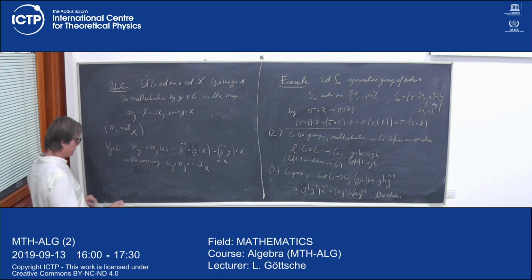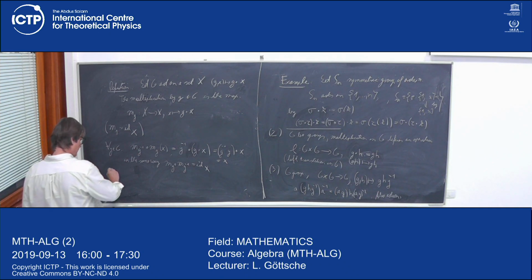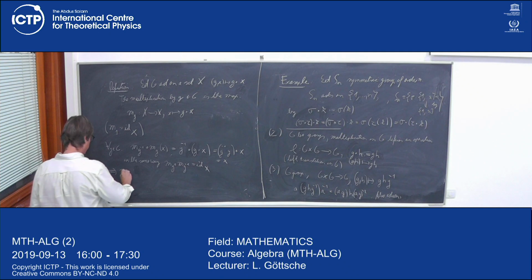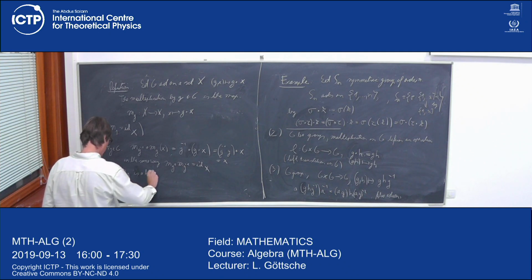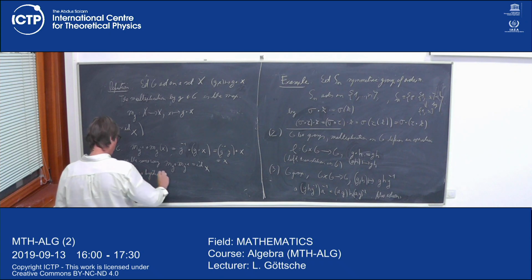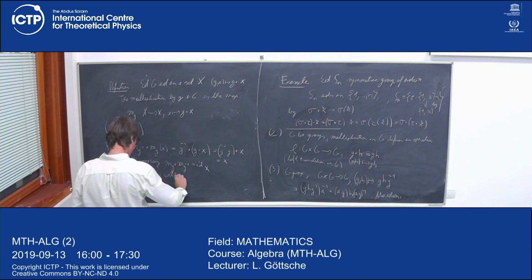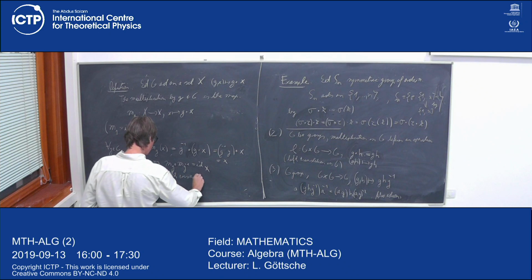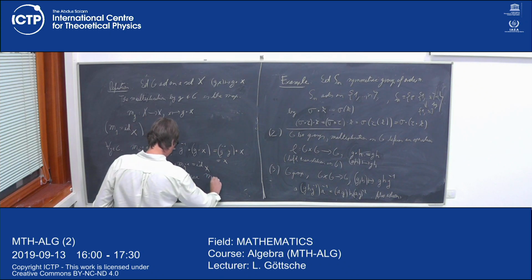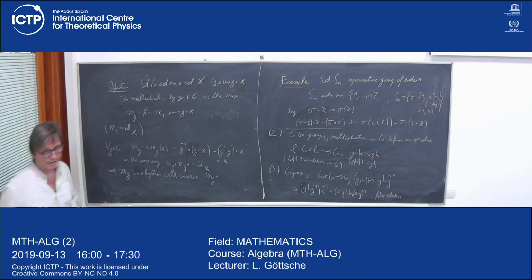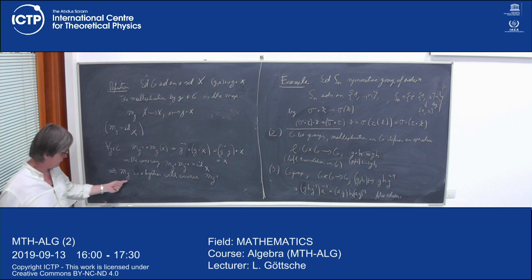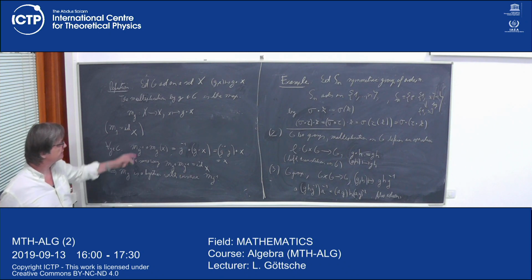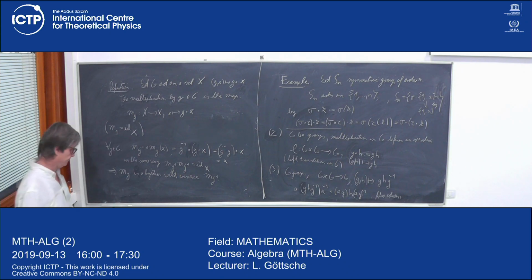So it follows that m_g is a bijection with inverse m_g to the minus 1. So these are automatically bijections. And so that means I could also say that m_g is an element of the symmetric group on X.